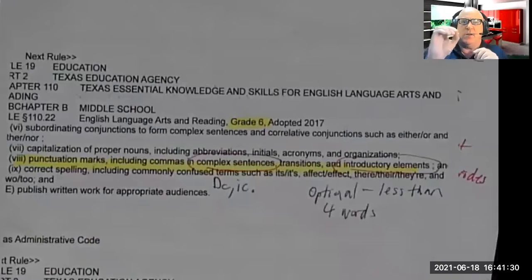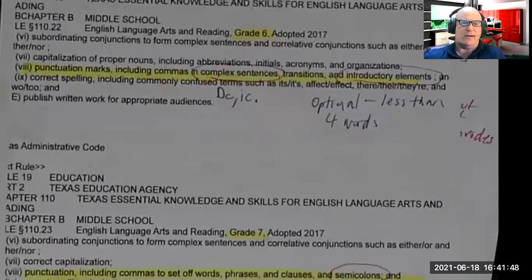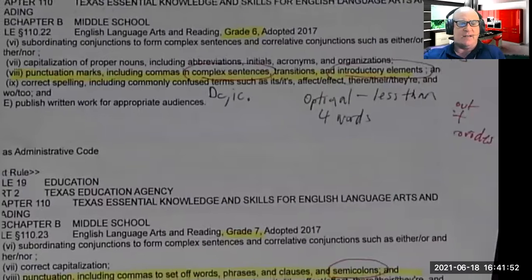When you're done with all of the wheres, you can put a comma, because that introductory phrase telling me where something is longer, and so you would want to put a comma there. So that's basically a crash course on how to introduce complex sentences and introductory phrases in 6th grade.